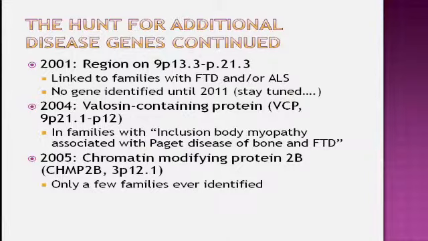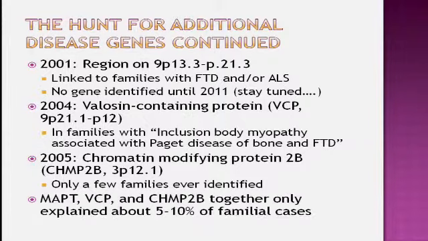Moving forward, another discovery that raised some interest was chromatin modifying protein 2B, or CHMP2B. However, since then, it hasn't really panned out to be all that important, because only a few families have been found, and that was a locus on chromosome 3.